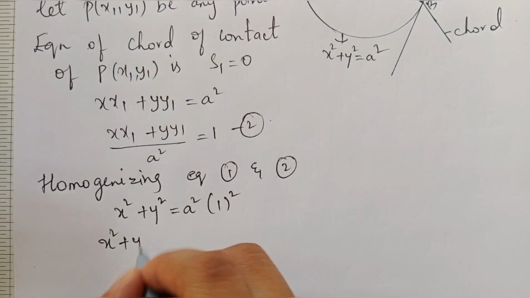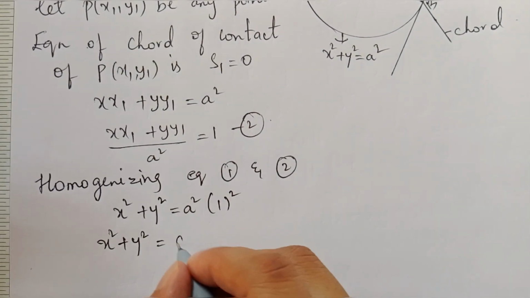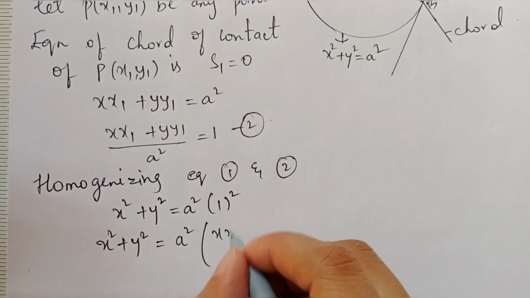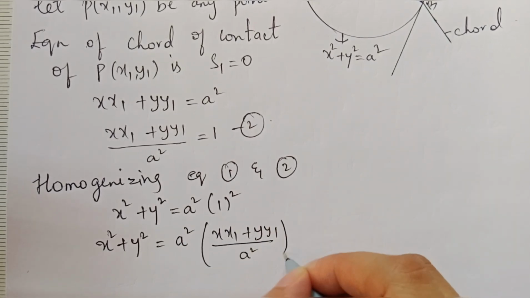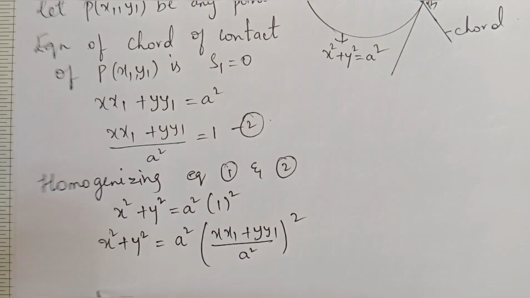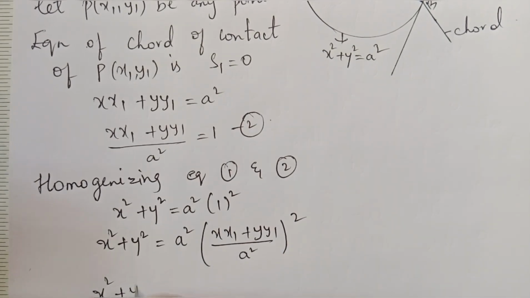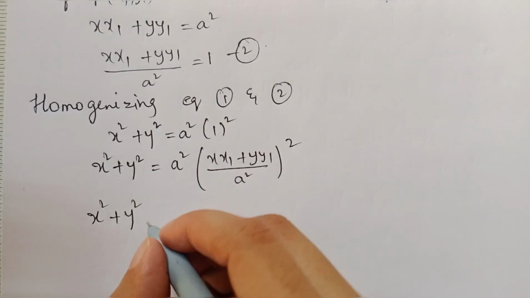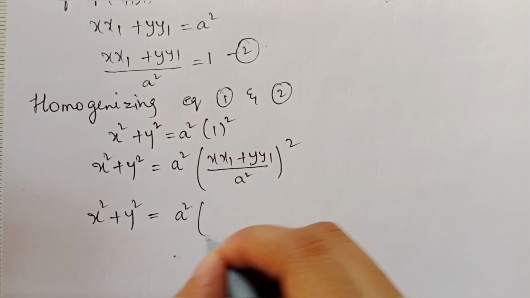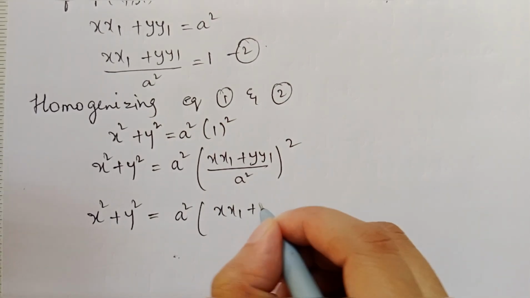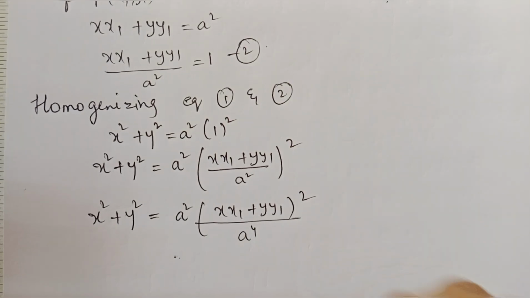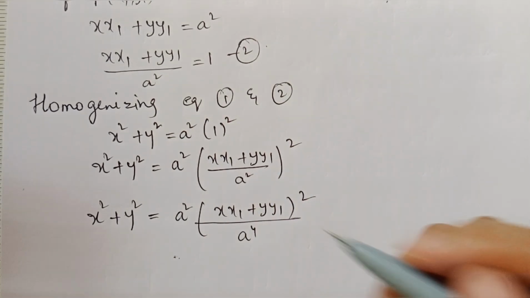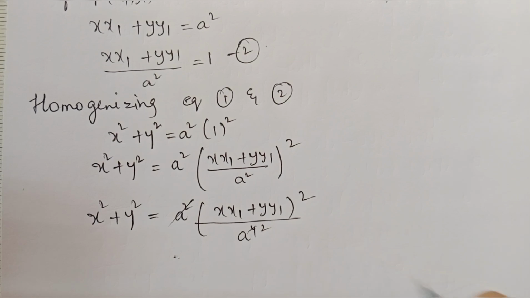So it is x square plus y square equals a square into (x x1 plus y y1 by a square) whole square. So this can be written as x square plus y square equals a square into (x x1 plus y y1) square by a power 4, it will become, right? a power 2, so the a square gets cancelled out.